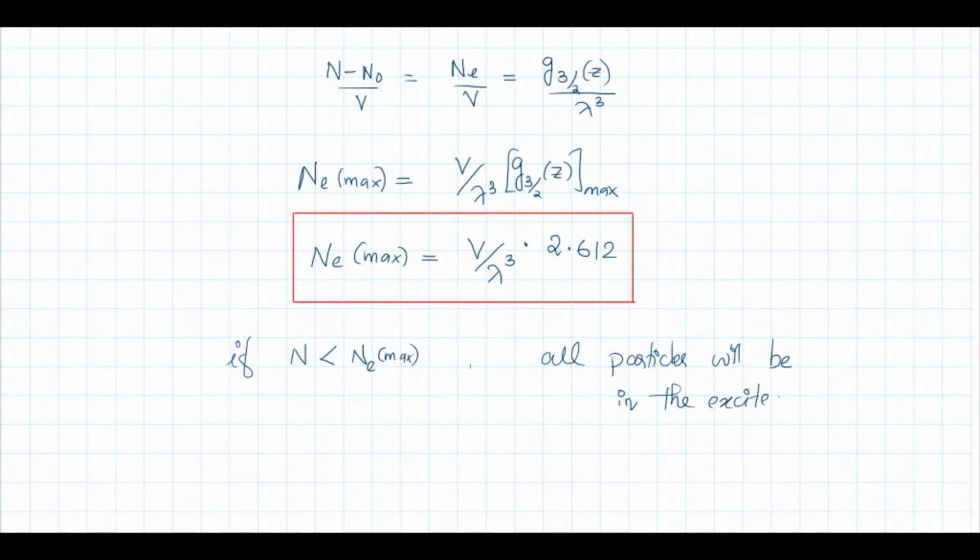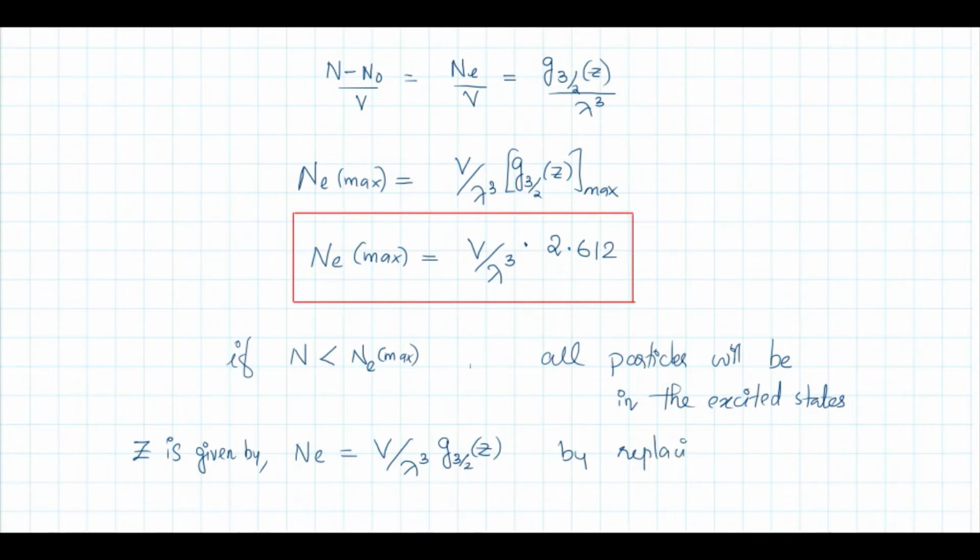We can find the actual value of z using the expression Ne is equal to V by lambda cubed g 3/2 of z, by replacing Ne with N, because the total number of particles now is less than the limiting value.